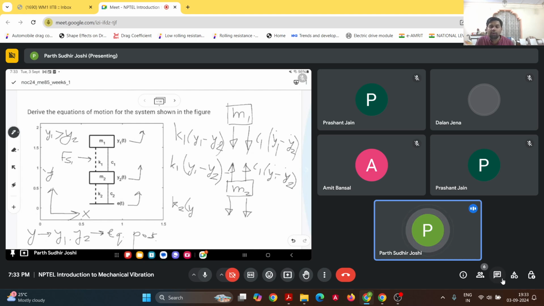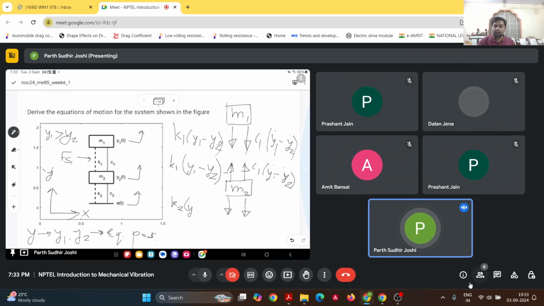Any idea? No, it will not be only y2, because the base is also moving. Base is not fixed; it has a displacement. So it is K2 into (y2 minus e), right?